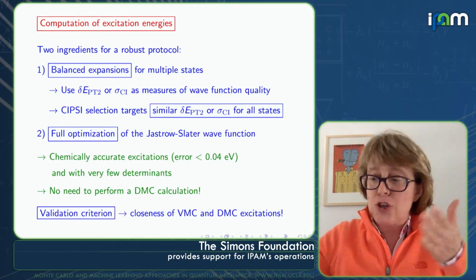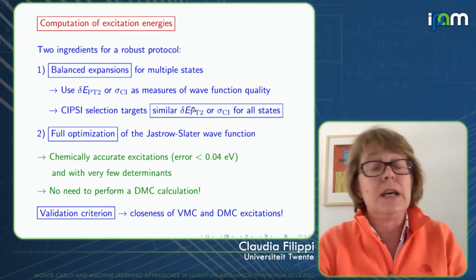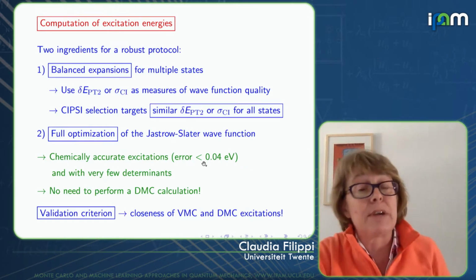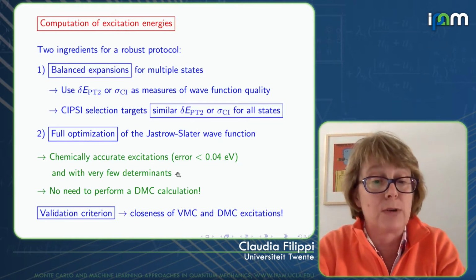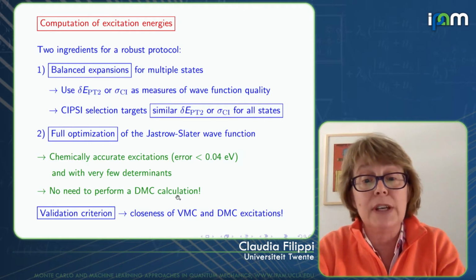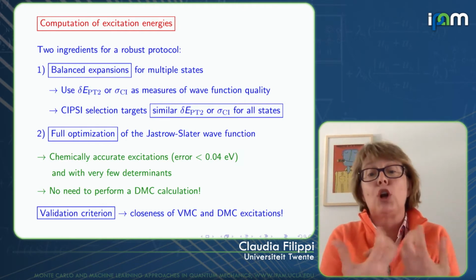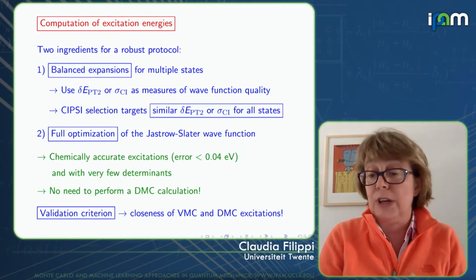Therefore you are requiring that the two expansions have the same error. Okay? In addition to this, we fully optimize the wave function, and we can get chemically accurate excitations with few determinants, few being a few thousand. And as I said, no need to do DMC, and actually often what we use as a validation criterion is how close the VMC and the DMC excitations actually are.